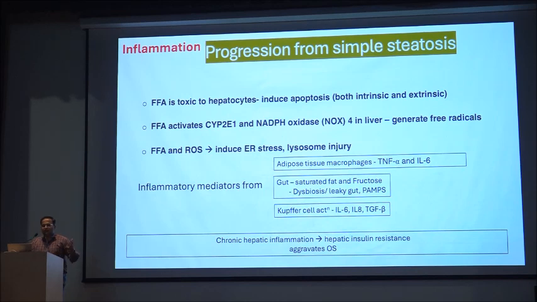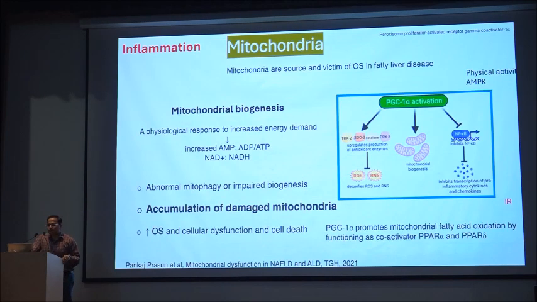The inflammatory mediators from adipose tissue, from liver, from gut, from Kupffer cells, everything will cause chronic hepatic inflammation, leading to a state of hepatic insulin resistance, further aggravating oxidative stress.